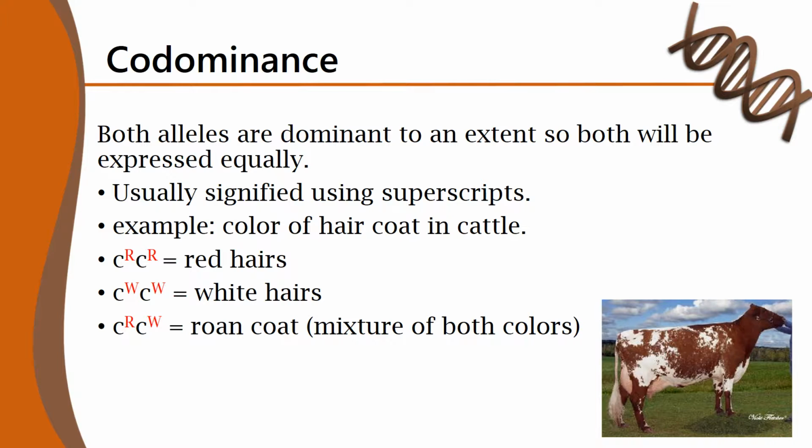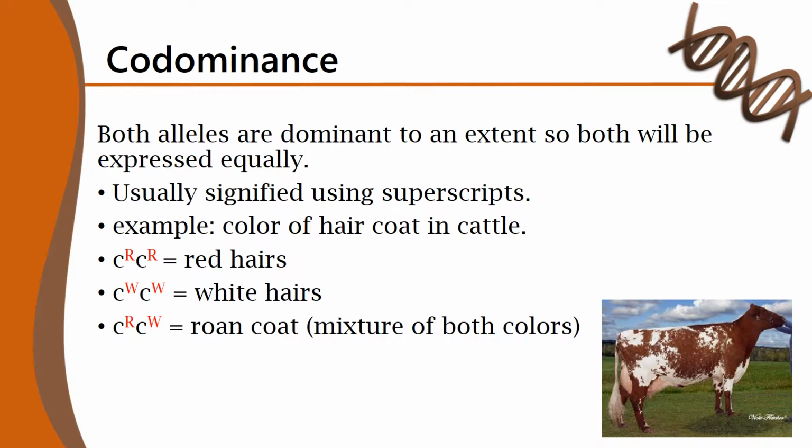So much like in the sex-linked problems, when we write the genotypes in codominance, we're going to use superscripts. But this is the one situation where you may end up using two different letters. Because both are dominant, both are going to have capital letters.